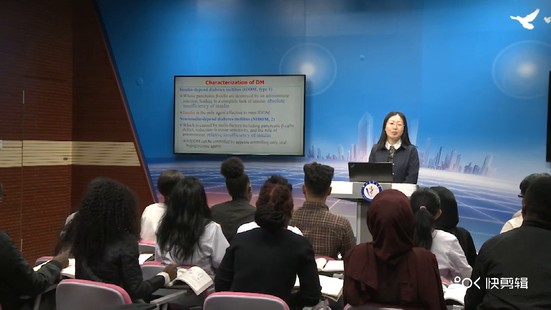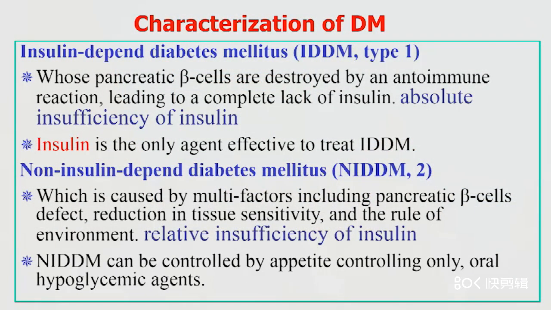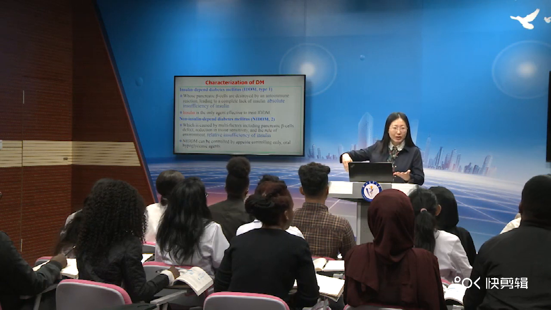For NIDDM patients, at first they only need to control their appetite or do aerobic exercise for 30 minutes after breakfast and after dinner. Yes, they can control their appetite and reduce their glucose level. Most patients control their glucose level for 2 to 3 years, because their beta cell function continues to decline.